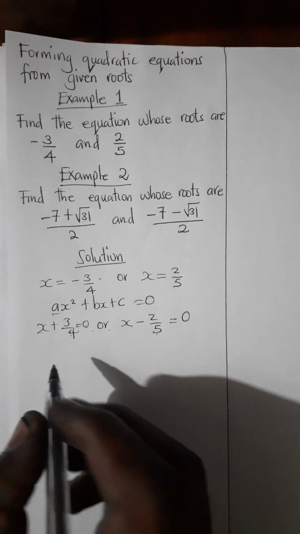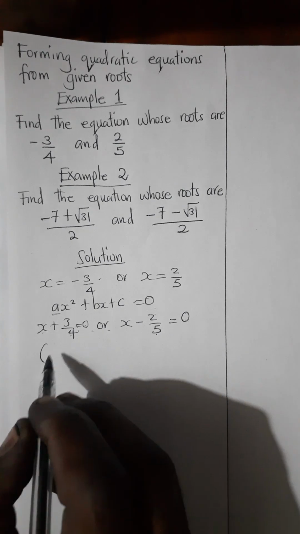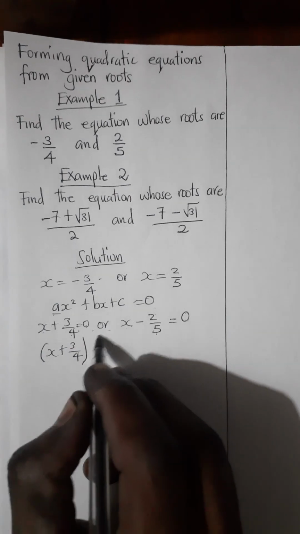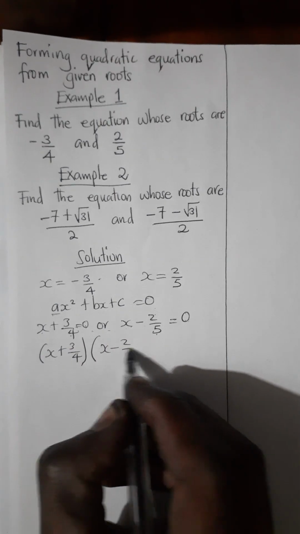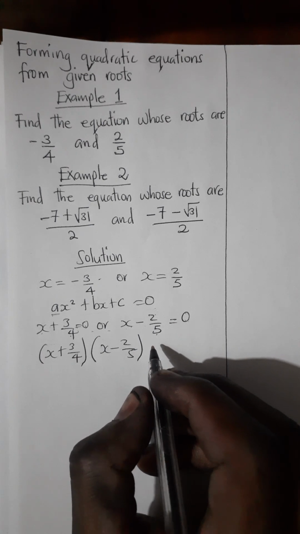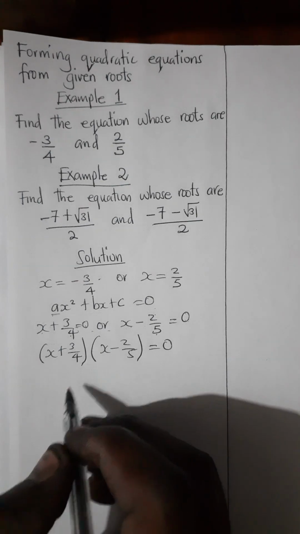Now we introduce brackets because there are two terms. So we say (x plus 3 over 4)(x minus 2 over 5) equals 0. Between these brackets there are multiplication signs.